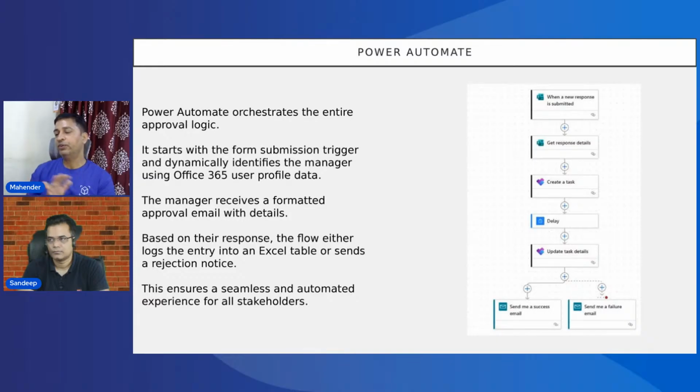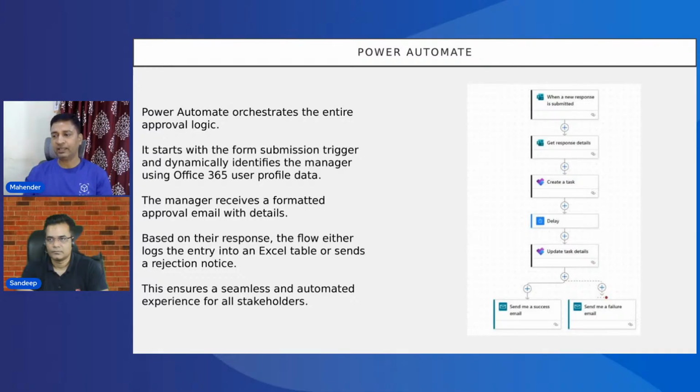And of course we are not writing a single line of code, we are just setting their properties. For example, if I want to connect with Microsoft Forms, first I need to set up the connection. If I want to use Microsoft Planner, there also I need to set up the connection, similar to Outlook.